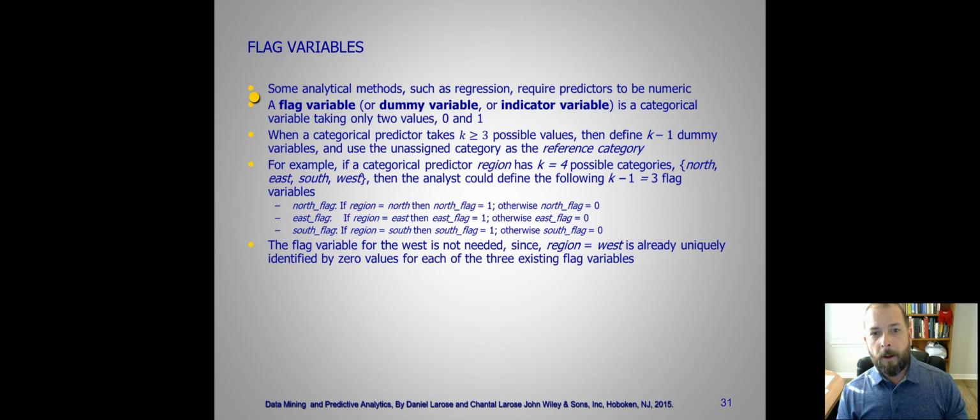And then I don't need to define the west flag, since west is uniquely identifiable by 0 because you've already defined the other three flag variables. So that's all this is really talking about: how you can define dummy variables or flag variables for more than just variables that have two possible categories.